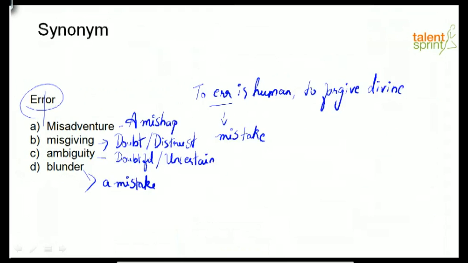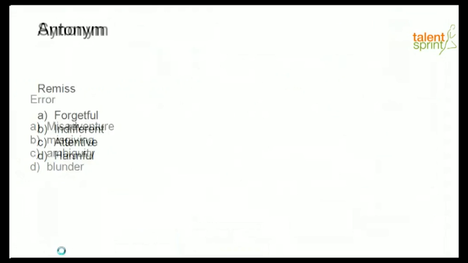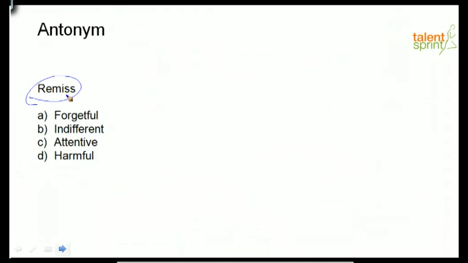Let's see if you're able to arrive at one more. We're going to look at antonym. Remiss. So, the options are forgetful, indifferent, attentive, harmful. We're looking at an antonym for this word remiss. Now, remember I said one way to approach synonyms and antonyms is also to have knowledge of root words. Right?